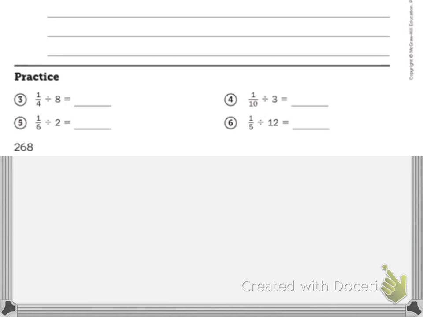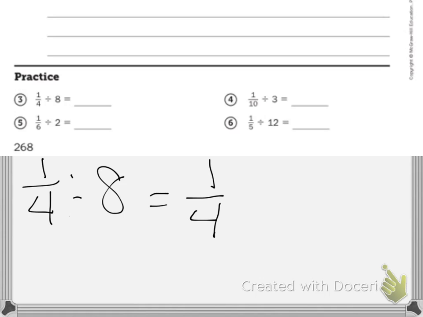So now below we are dividing fractions. Let's do number 3 together. So you have 1/4 divided by 8. Our trick for dividing fractions is to keep the first number, then change it to multiplication and flip the other one.